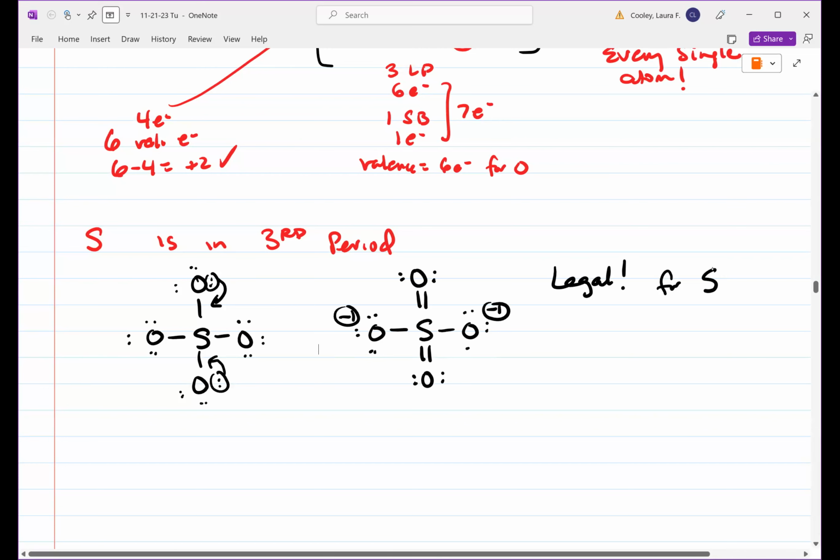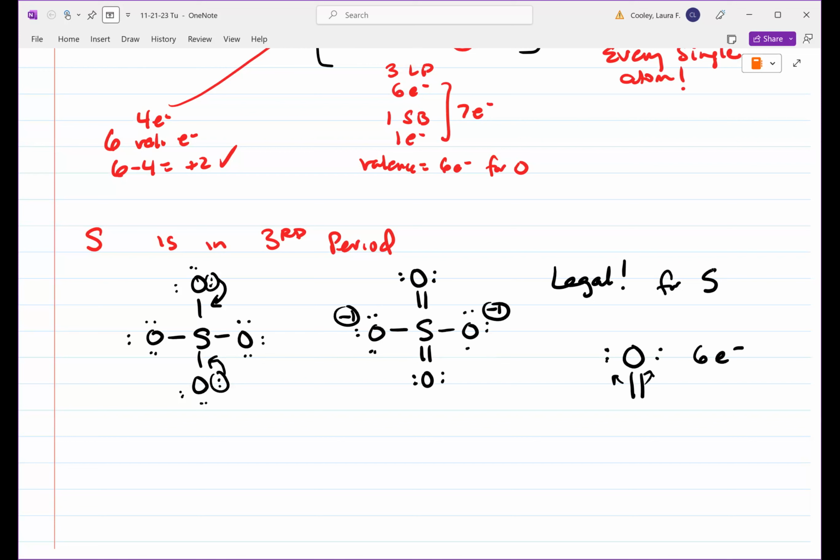Now, wait a minute. We have an O. Yeah, 1 from each of these bonds. 1, 2, 3, 4, 5, 6 electrons. And it has 6 valence electrons. So that's a formal charge of 6 minus 6, or 0. So these oxygens here have formal charges of 0.